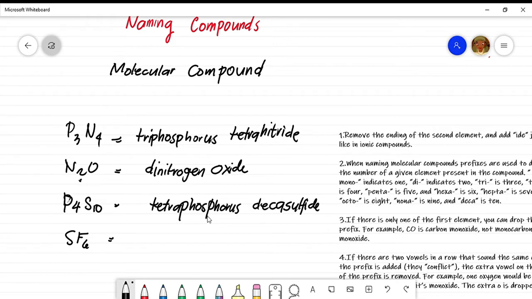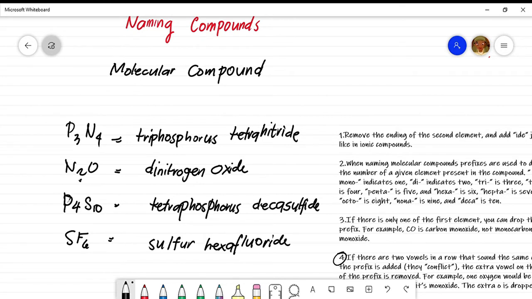And SF6, since it's one, we do not put mono, because of rule number 4. We do not put monosulfur, so we have sulfur. Some spell it like sulphur, but either way is okay. We have sulfur, and 6 is hexafluoride.